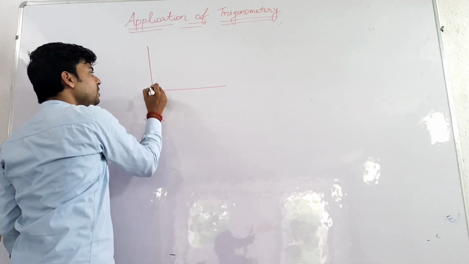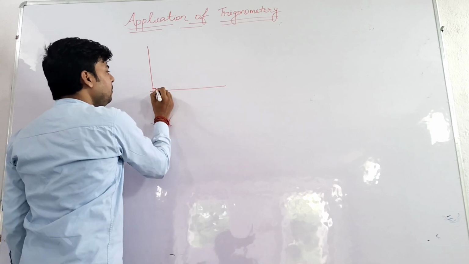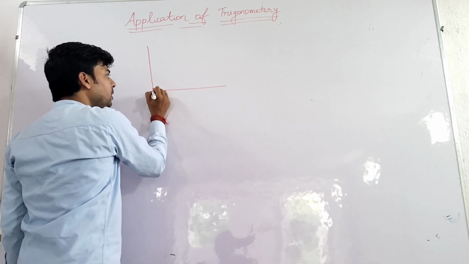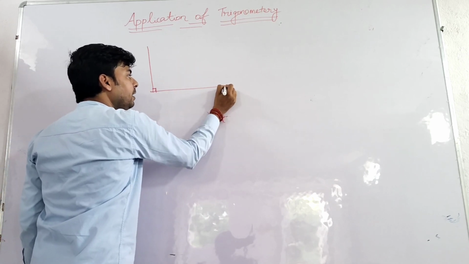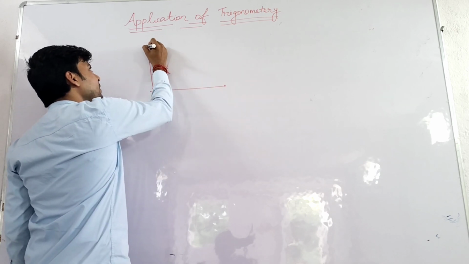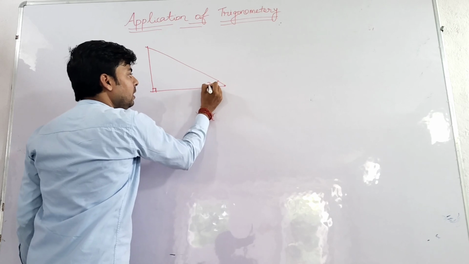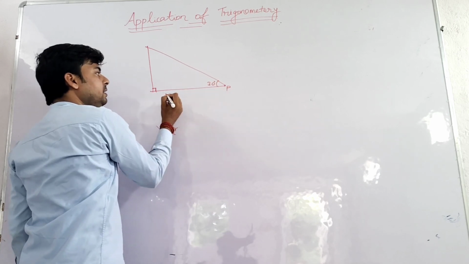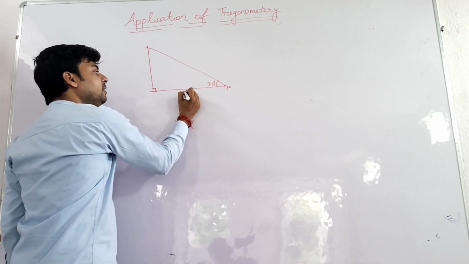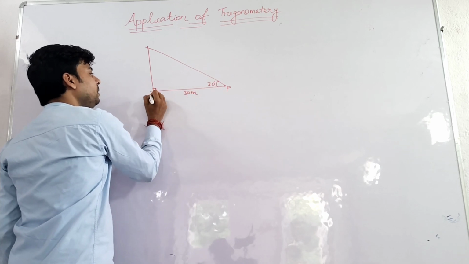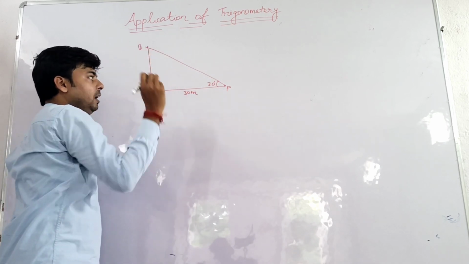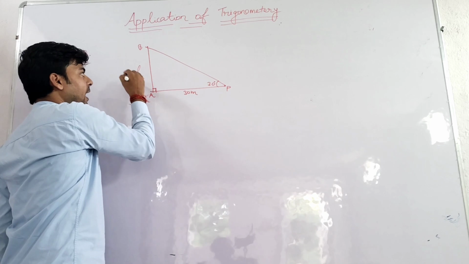A vertical tower means the tower is standing at a right angle to the ground. From a point at the foot of the tower, the angle of elevation of the top of the tower is 30 degrees, and this point is 30 meters away from the foot of the tower. That tower is AB. And now we have to find out the height of the tower.